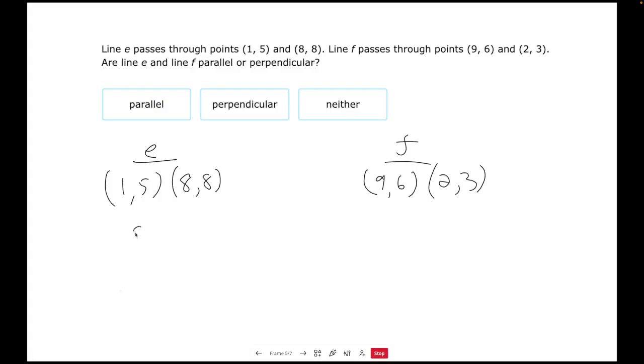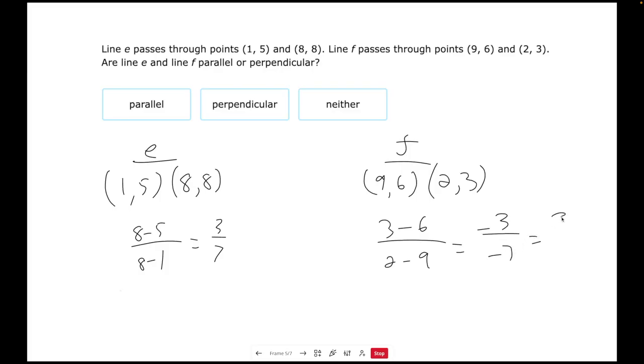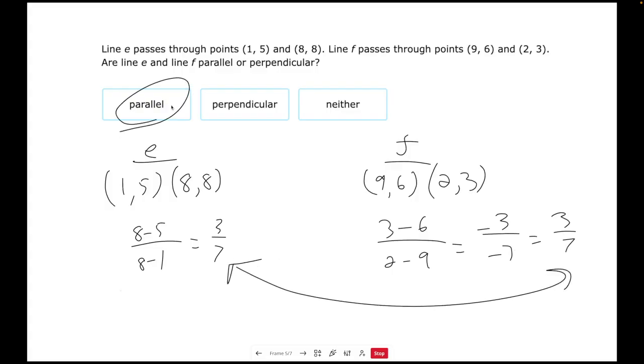Again, we should already know how to do this. So it's 8 - 5 over 8 - 1, which gives me 3/7. Over here on the right, for F, we do 3 - 6 over 2 - 9, which gives me -3 over -7, which is positive, because a negative divided by negative is positive. And these fractions are the same, so they are parallel lines.